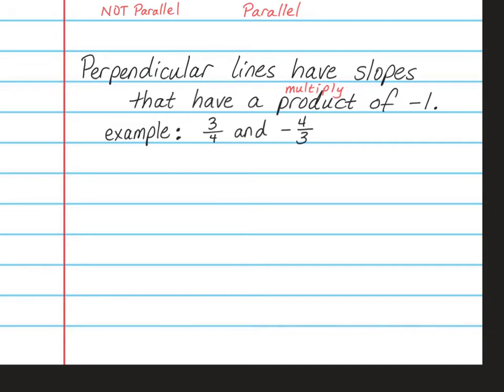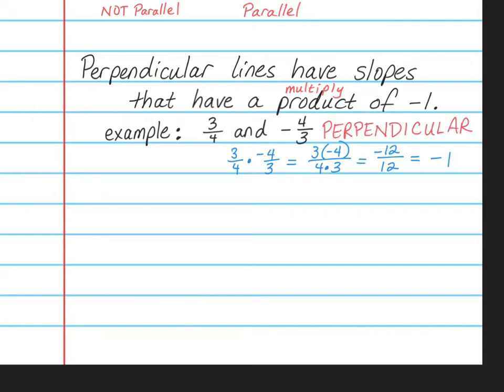If I multiply 3/4 by -4/3, I get 3 multiplied by -4 over 4 multiplied by 3, which gives me -12 over 12. That does equal -1. So these two lines would be perpendicular.